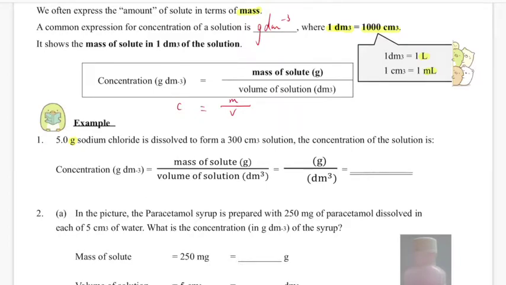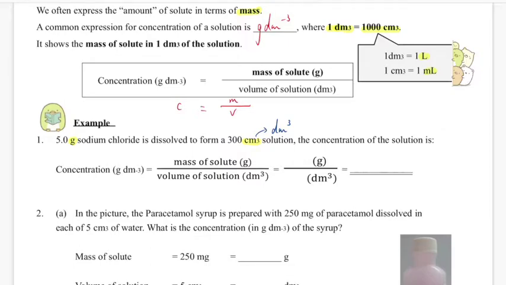Take a look at the first example. 5 gram sodium chloride is dissolved to form a 300 cm³ solution. The concentration of the solution is... the mass is in gram, but the volume is in cm³. So we need to convert that into dm³ first, by dividing by 1,000.